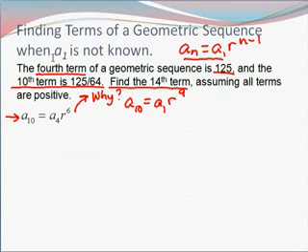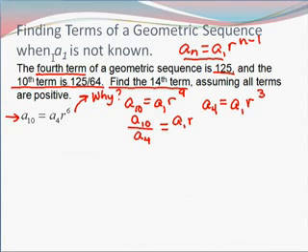And then I would have A4 is equal to A1 times r to the 3rd. Now if I take the ratio A10 to A4, so A10 over A4, that's going to equal A1 r to the 9th over A1 r cubed.